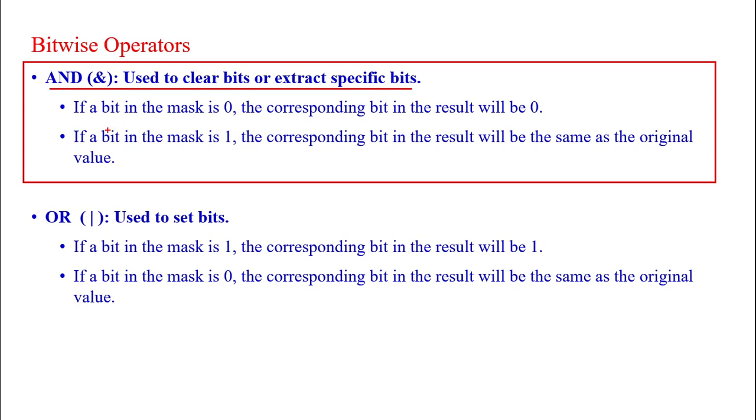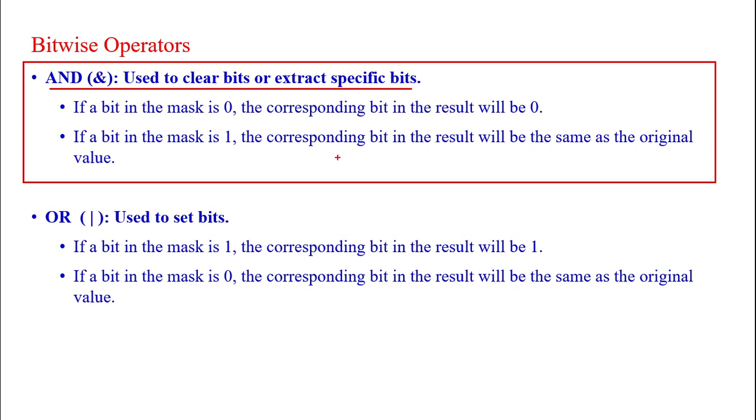Bitwise AND we're going to use in order to clear the respective bits. You can see here the bitwise AND operator is used to clear the bits, and it is also used to extract specific bits. How to do that, I'll give you an example later.